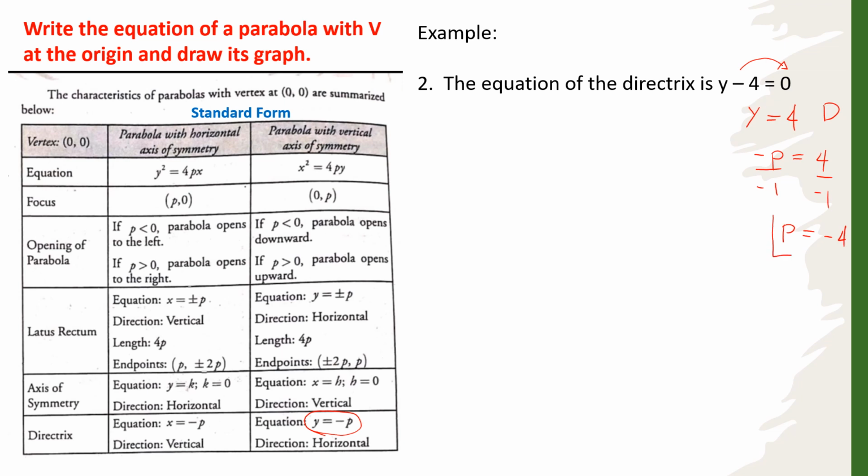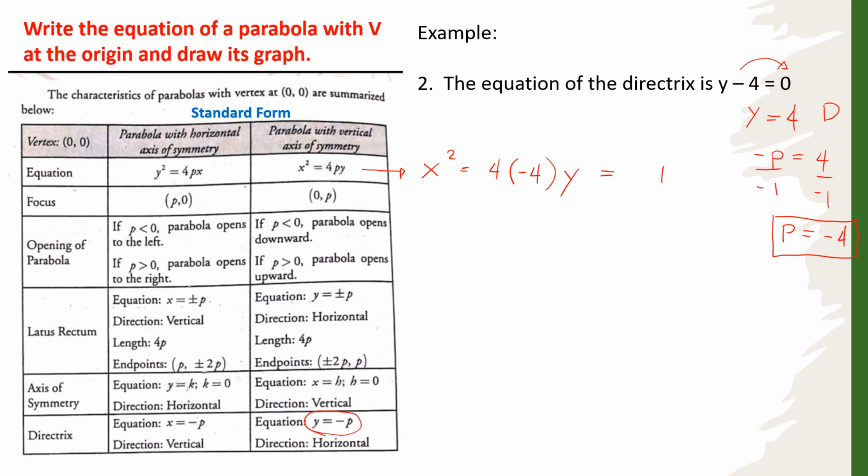So this is our value for p, negative 4. So to get the equation, using this, x squared equals 4 times negative 4y, which of course equivalent to negative what?